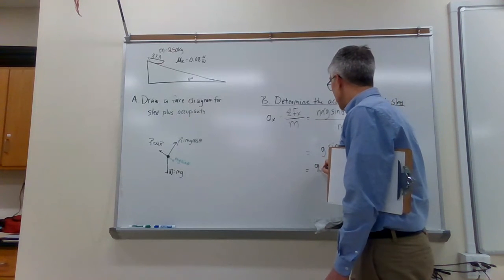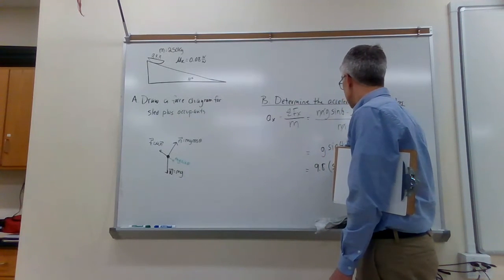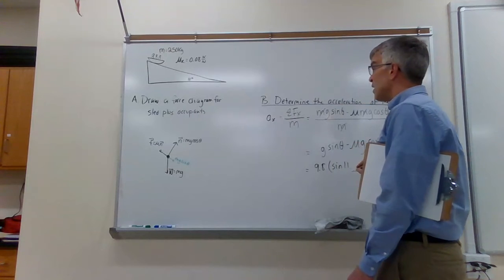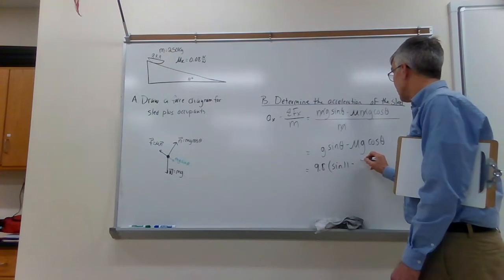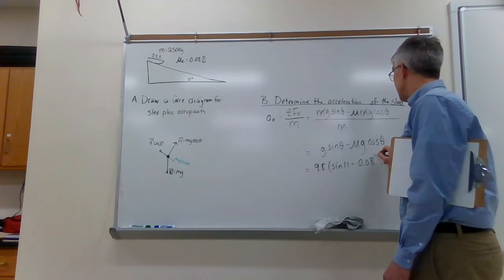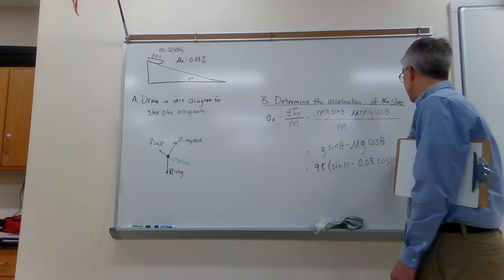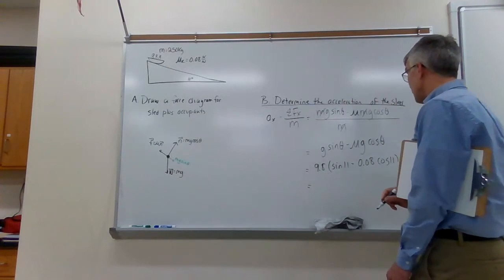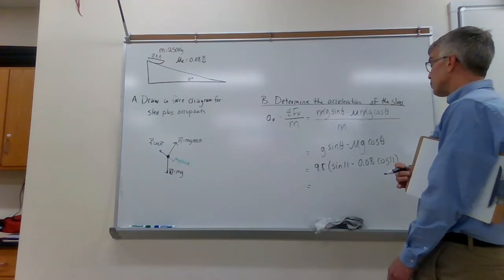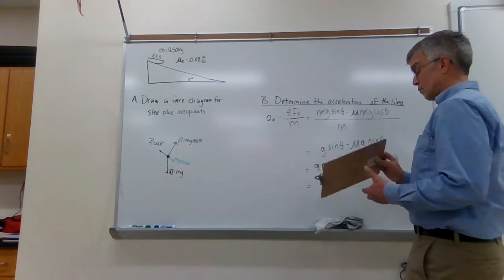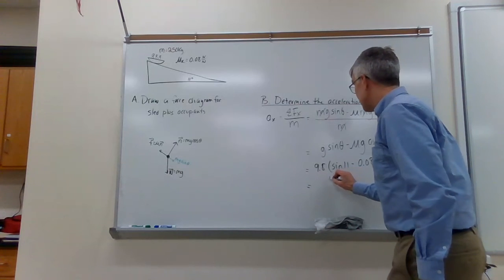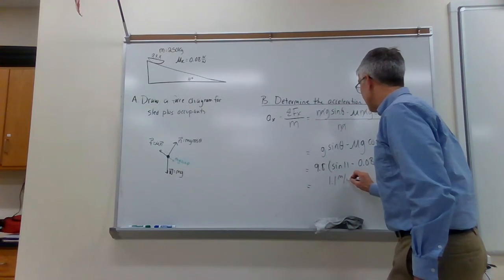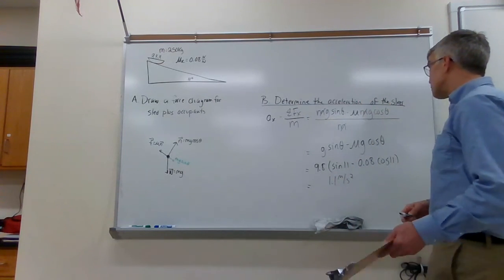So I'm going to get 9.8 times the sine of 11 minus 0.08 times the cosine of 11. And when I plugged in all the numbers and did this out, I got 1.1 meters per second squared.